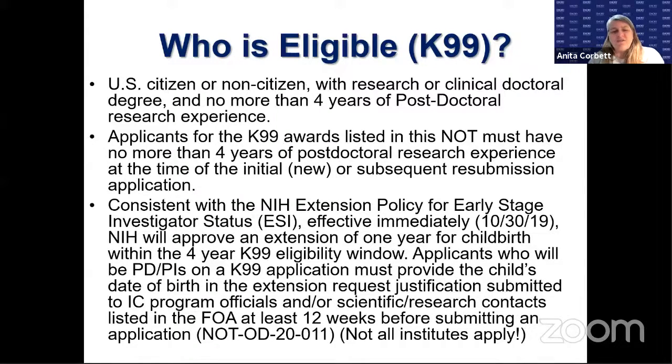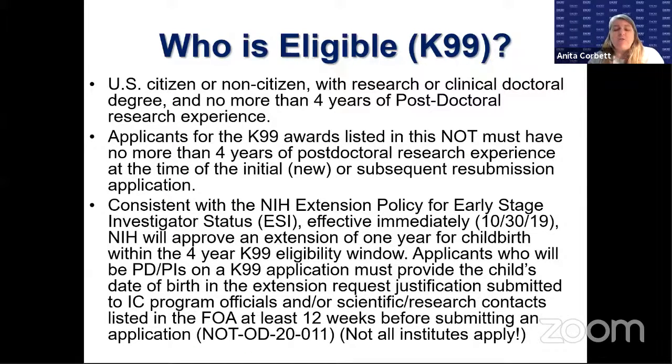There is, as all that text says at the bottom, a recent decision to allow options for 1 year of childbirth to extend this eligibility for 1 year. So some specific NIH institutes allow that.